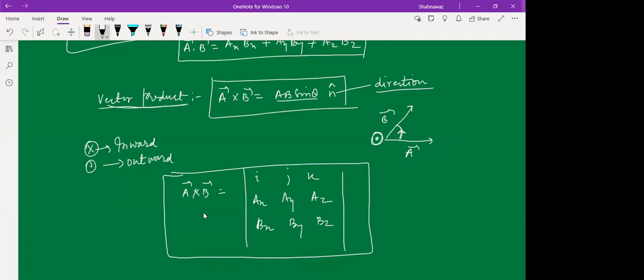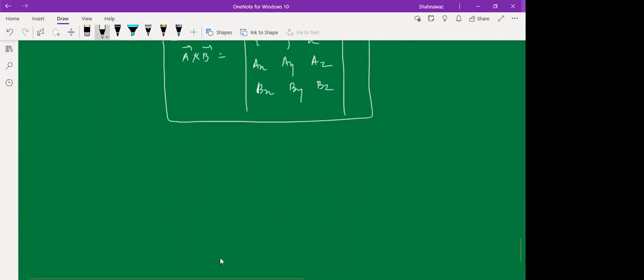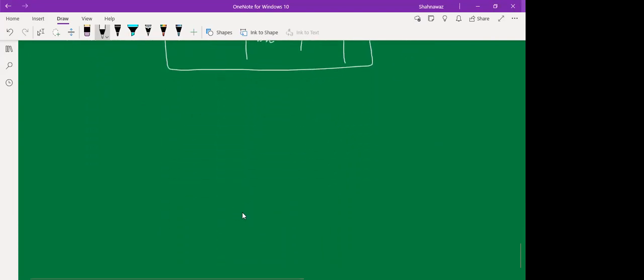So let us do one question which is useful from the vectors point of view. Let's say that two forces are acting, force one in this direction and force two on this side. The angle between them is 60 degrees, and the magnitude of F1 is 10 Newton and F2 is 20 Newton. What would be the magnitude of the resultant vector?